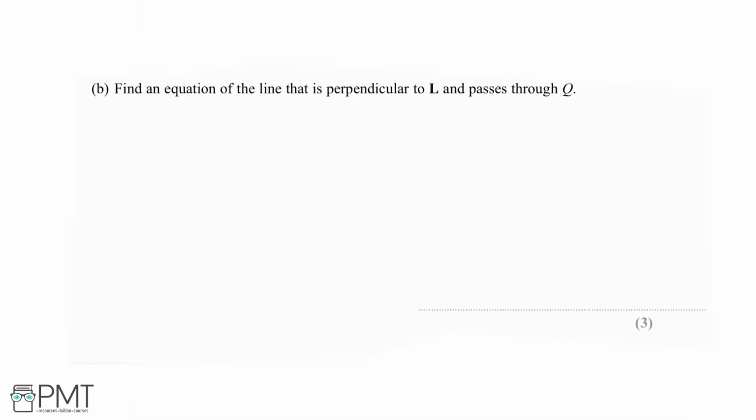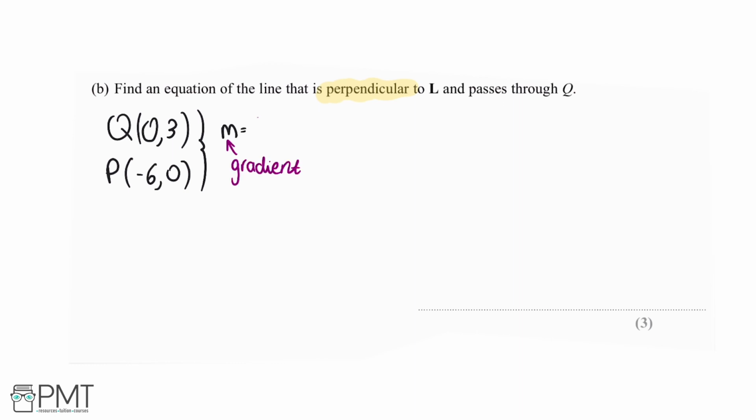Now part B says we need to find an equation of the line that is perpendicular to L and passes through Q. The first thing I'm going to do is find an equation for the line L. To do that, we need 2 points on the line, so I've got Q and P. Let's work out the gradient. The gradient, m, is the change in y divided by the change in x.